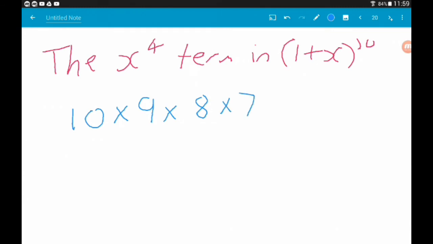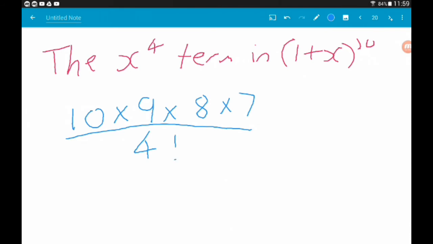So it's going to be 10 times 10 minus 1 times 10 minus 2 times 10 minus 3, all over, well, it's the x to the power 4 term, so we now know the bottom is going to be 4 factorial.